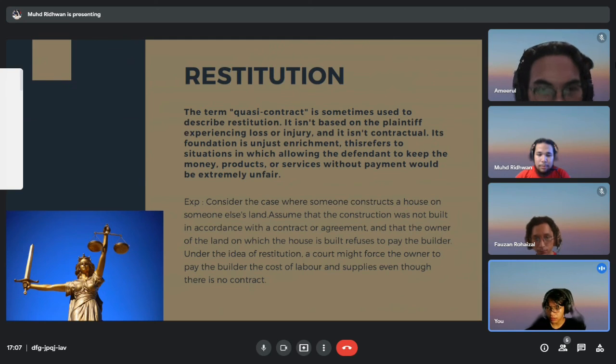For example, consider the case where someone constructs a house on someone else's land. Assume that the construction was not built in accordance with a contract or agreement, and that the owner of the land on which the house is built refused to pay the builder. Under the idea of restitution, a court might force the owner to pay the builder the cost of labor and supplies even though there is no contract.